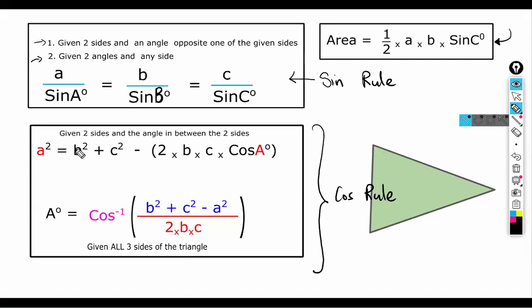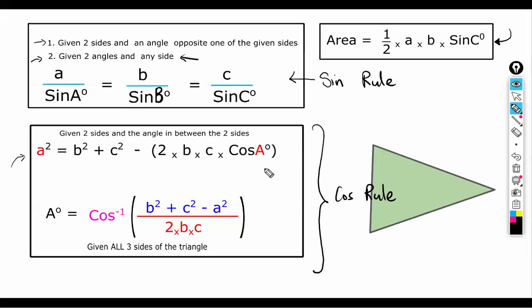Now, useful, not important, useful. The first one here, you just use it to find a missing side. Remember, common letters represent sides. And you use it if they give you two sides and the angle in between the two sides. Now, that's very different from saying that you have two angles and any side.